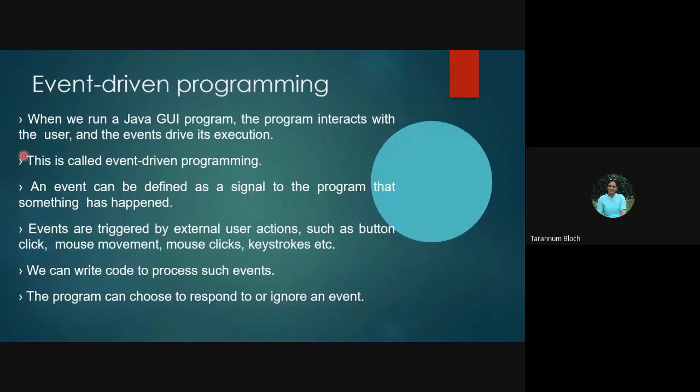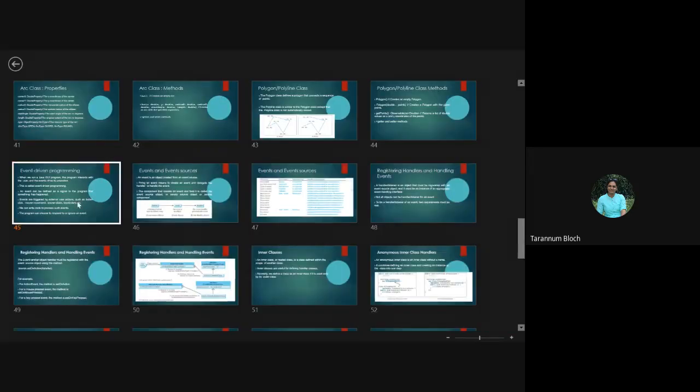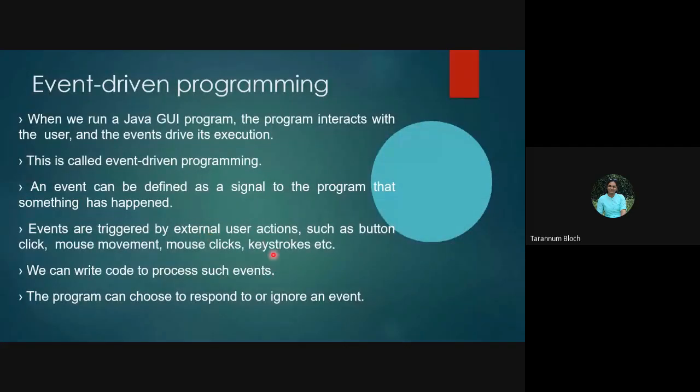Fine. So usually events are triggered by an external user action. Whatever action user is performing, we will have such triggers happening on the software side, right? So mouse click, mouse movement, button click, any keystroke, all these are called the events, right?